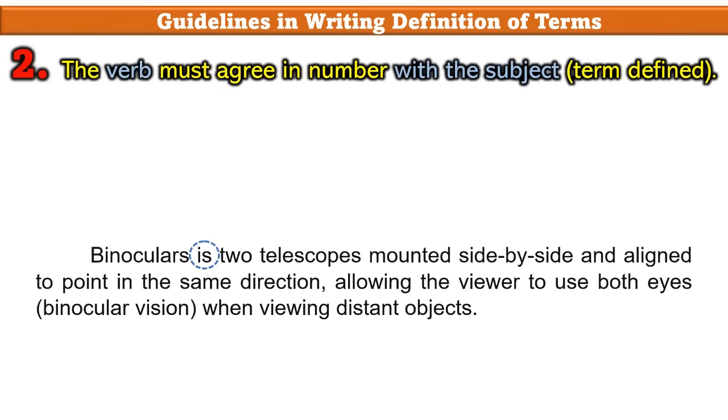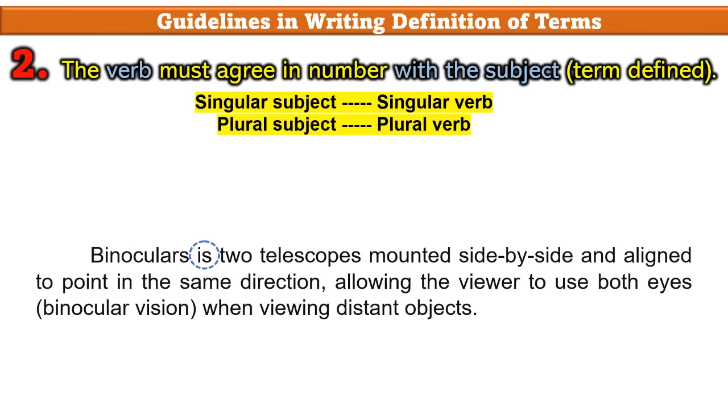Guideline number 2. The verb must agree in number with the subject or the term defined. Just like what I mentioned earlier, the general rule is singular subject takes singular verb, while plural subject takes plural verb. Since ang binoculars ay plural, dapat ang verb din ay plural. So it should be are, not is.